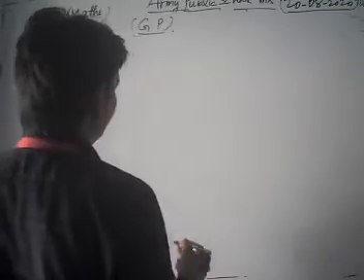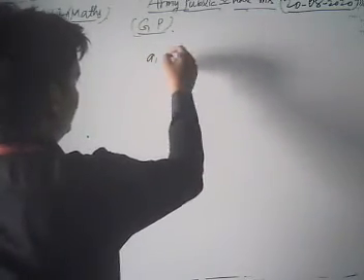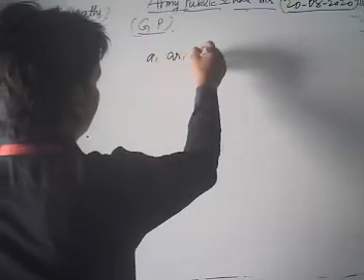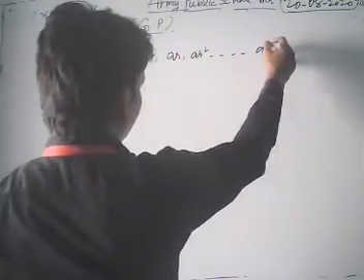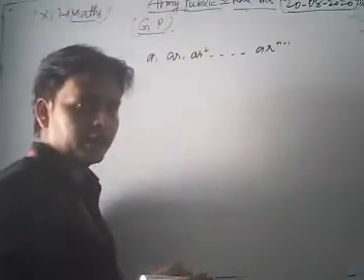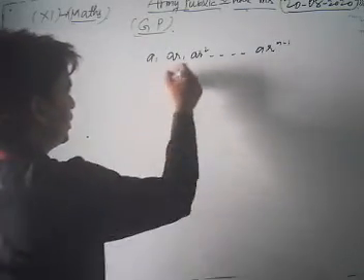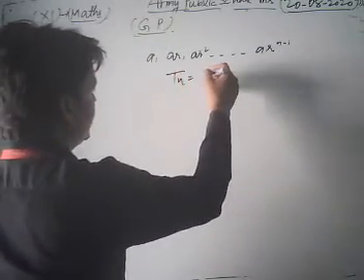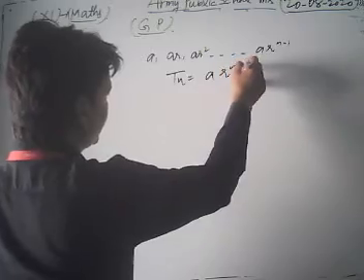Dear students, till now we already discussed what a geometrical progression is. You know that the geometrical progression is of the form a, ar, ar square, so ar to the power n minus 1. We already discussed that the general term of the given GP is ar to the power n minus 1.